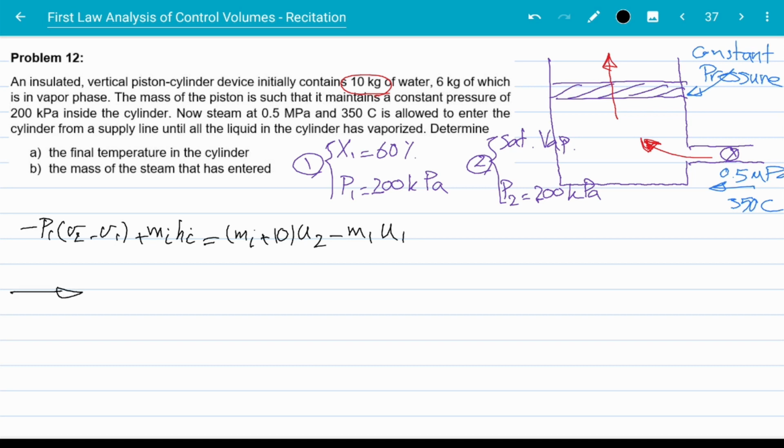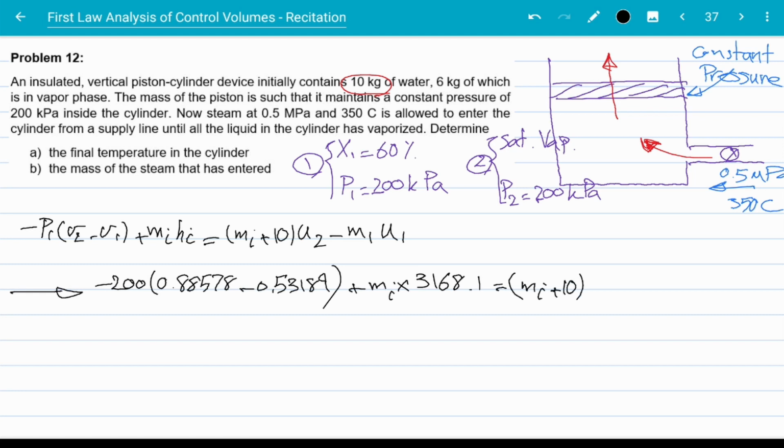Now plug in all the numbers that we have, you get minus 200 times (0.88578 minus 0.3189) plus m_i times 3,168.1 equal to (m_i plus 10) times 2,529.1 minus 10 times 1,719.26.